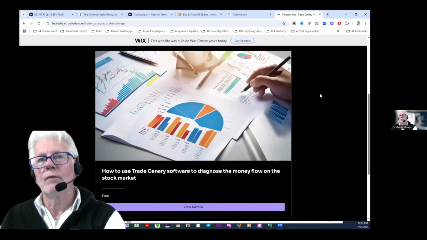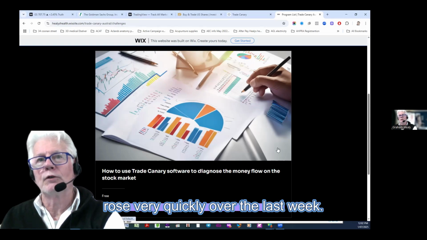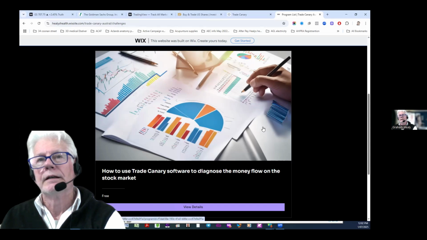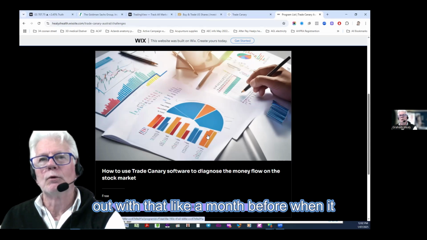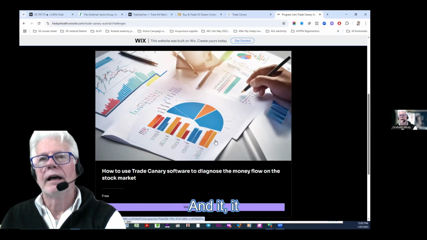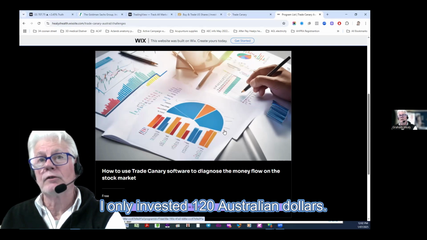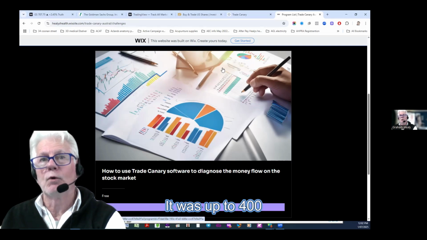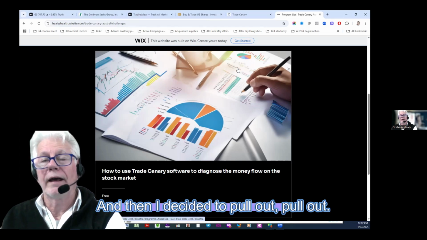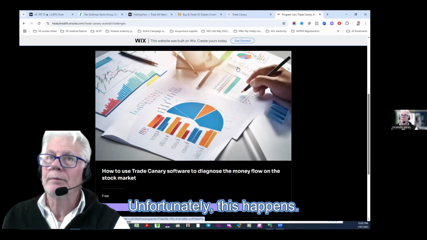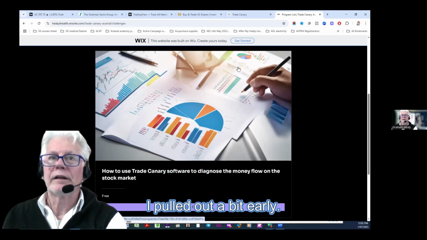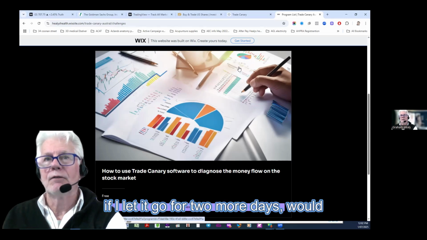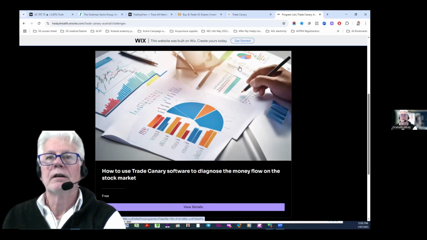Goldman Sachs rose very quickly over the last week, and I had a call out with that a month before when it really dropped, and I only invested 120 Australian dollars. It was up to 400 US dollars, and then I decided to pull out. Unfortunately, this happens. I pulled out a bit early. That trade, if I let it go for 2 more days, would have made another 1,000 US dollars.